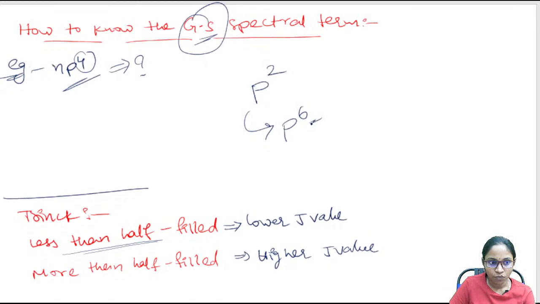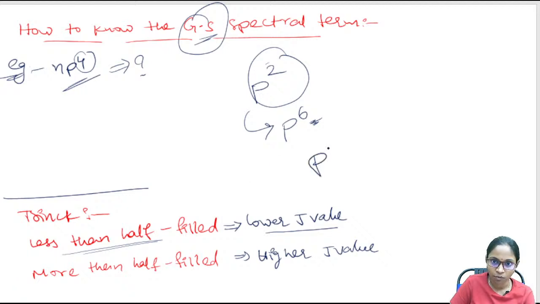So the maximum number of electrons that can be filled in the P subshell is 6 electrons, but here I have 2 electrons. That means it is less than half filled. So for less than half filled, you have to take the lower J value.